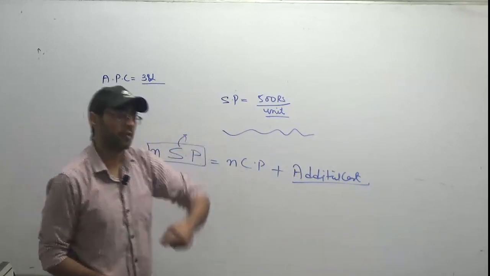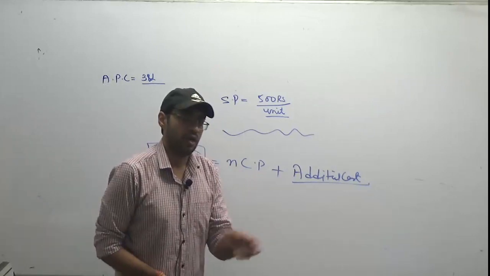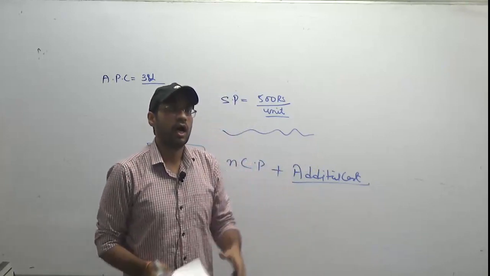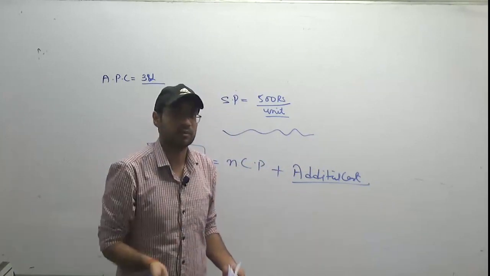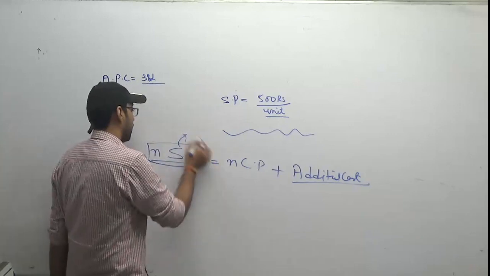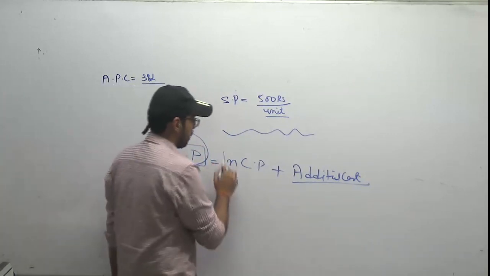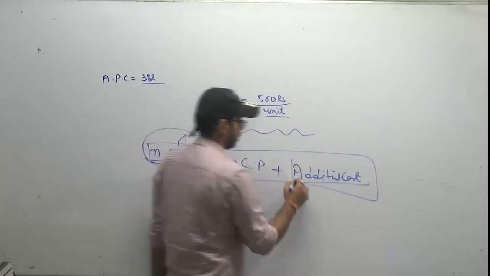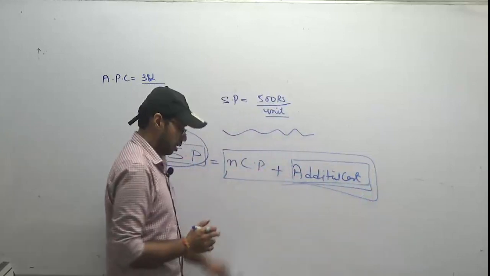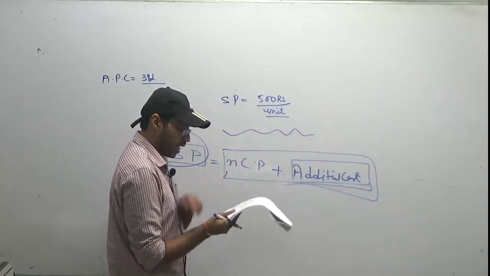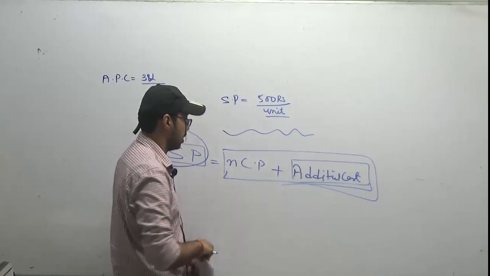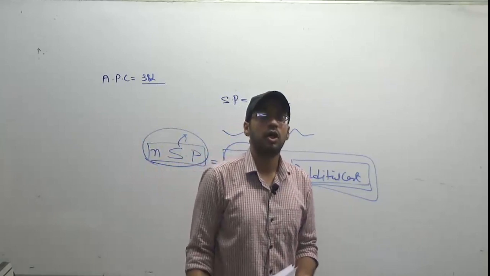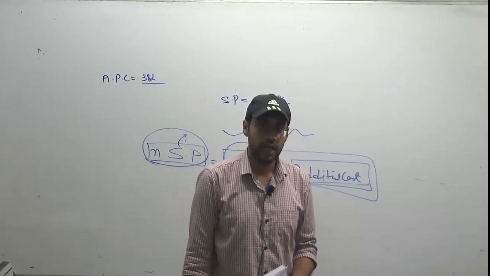What is the meaning of break-even point? The point at which whatever I have invested is equal to what I get after selling the products. So after selling the products, I get this much money, and this much money is what I have invested in the production of this product. This cost includes annual fixed charges, overhead charges plus other expenses, and this is your cost price per unit.